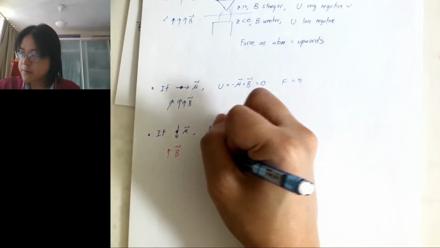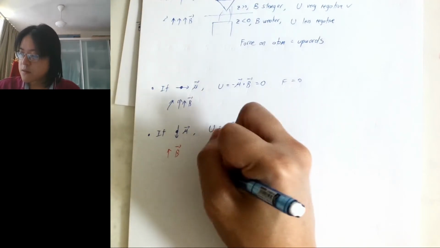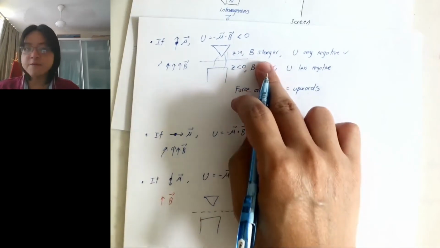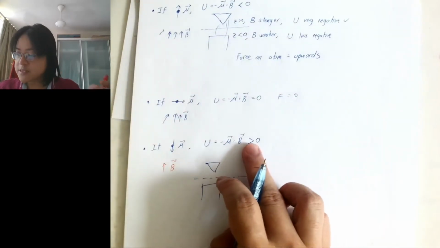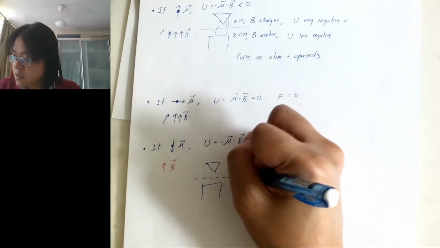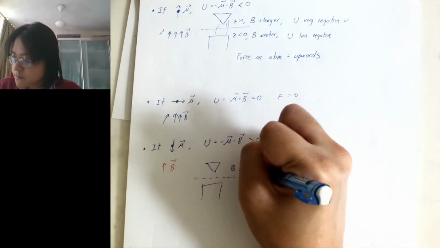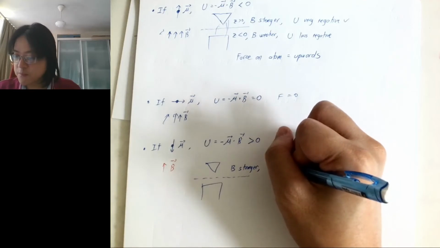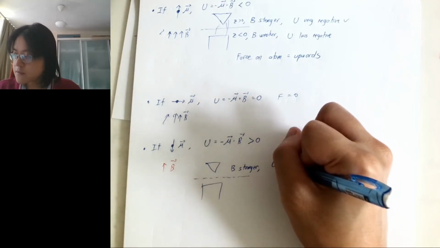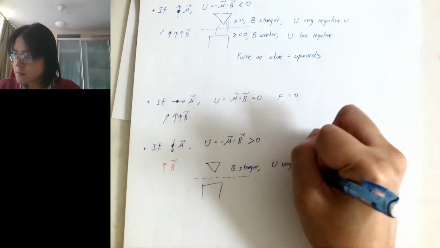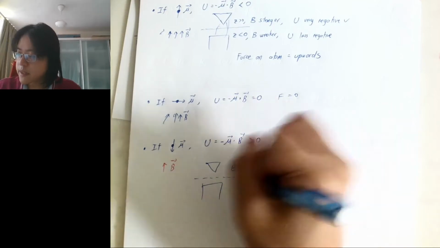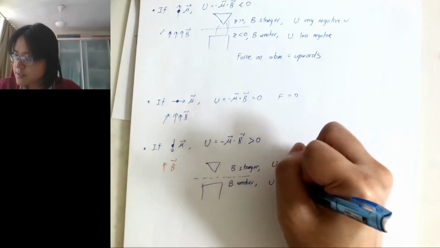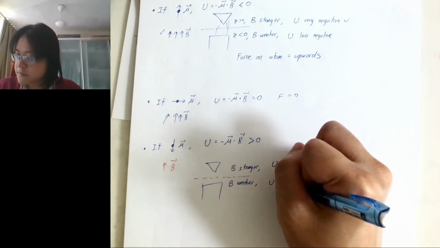So here it is the opposite of what we said before. It's a positive number, and B is stronger up here, so U is more positive. Down here, B is weaker, so U is less positive.